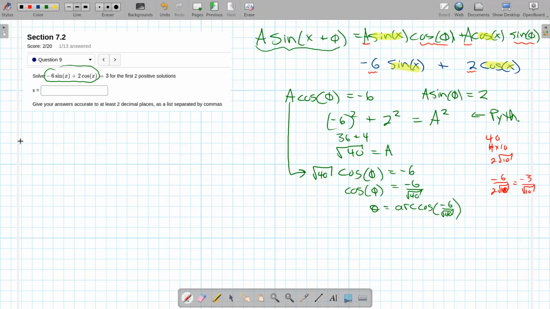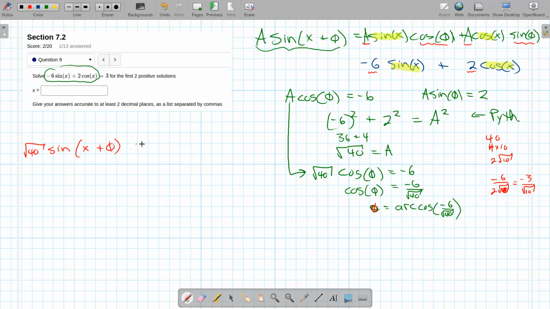All right, so what does that tell me? That tells me my original equation, the left side, can be rewritten as the square root of 40 times the sine of x plus this crazy value for phi. And since that's so messy, I'm just going to call it phi up here, and I'll deal with that in a minute.